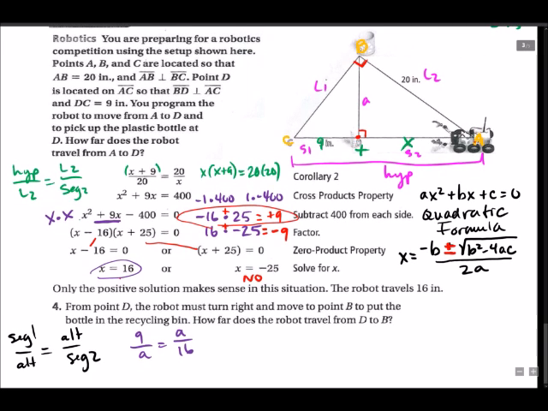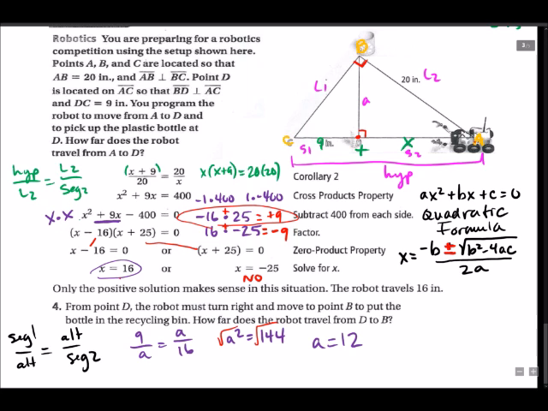So a squared, that's 9 times 16. Oh, that's nice, 144. Anybody know why that's nice? 144 is a perfect square. 12 times 12. Or negative 12 times negative 12.